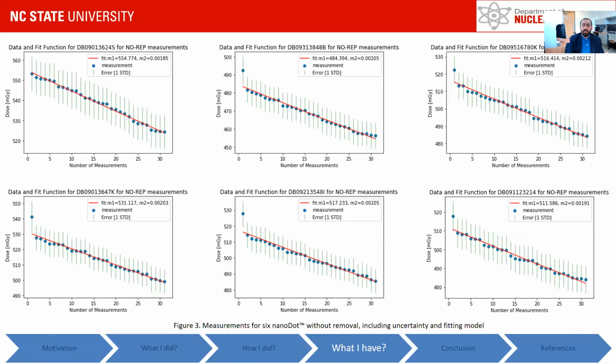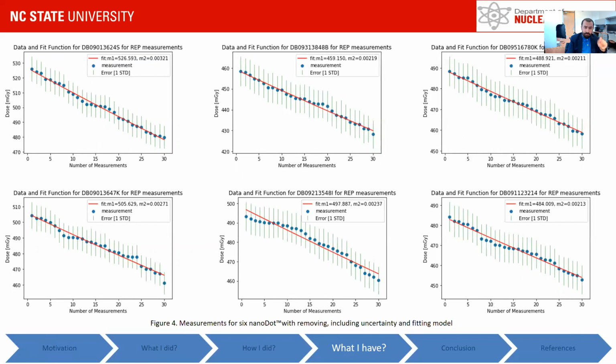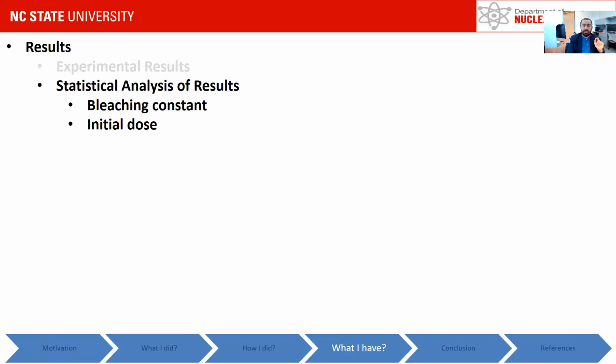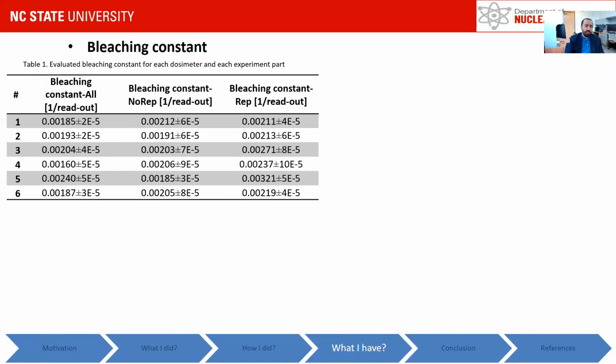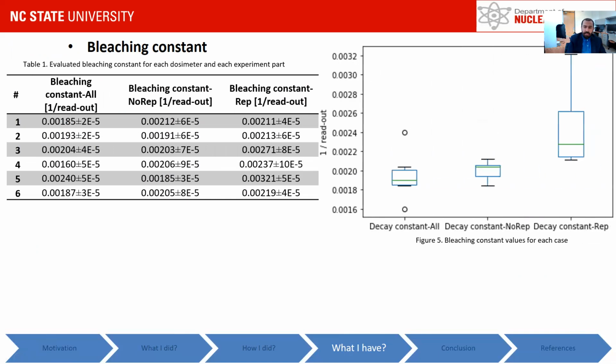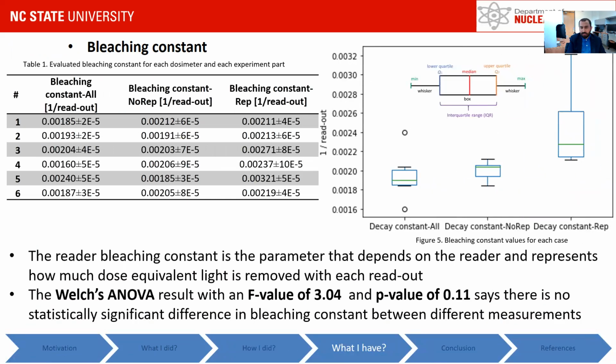It also worked with the no replacement case and the replacement case. So it's time to analyze the results in terms of statistics, starting with the Bleaching constant. We have the Bleaching constant with its own uncertainty, and let's put all the values on a box plot.